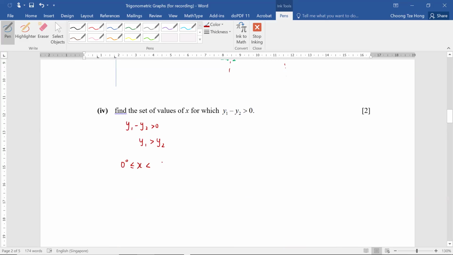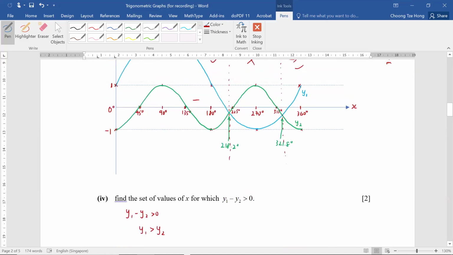But this one is less than 218.2. Don't include the equal, because at the equal the blue and the green line are the same value. But now they only want the blue line to be greater. Over here is just greater only, right?